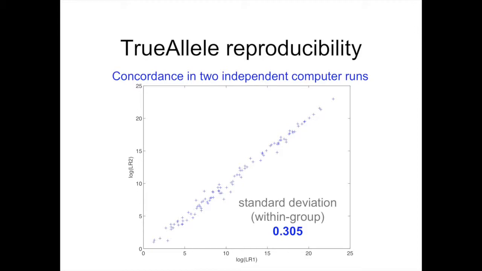If it were photoshopped, it would be 45 degrees, but there's actually random variation. Here, the within-group variation was 0.3 log units, which is about a factor of 2. Human variation on these sorts of mixture methods is actually 10 orders of magnitude, studies have shown. So a factor of 2 is a little bit better than a factor of 10 billion.